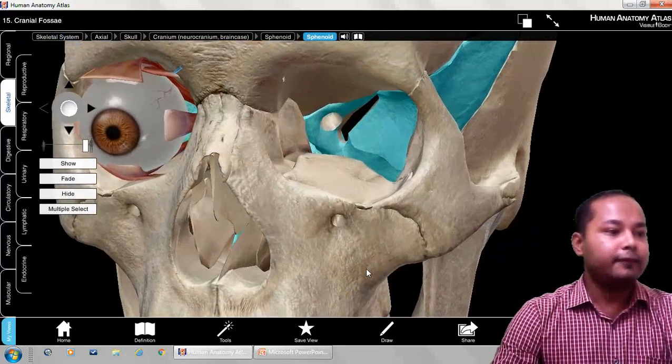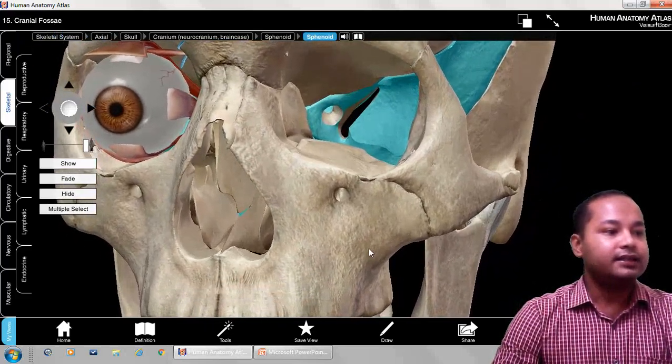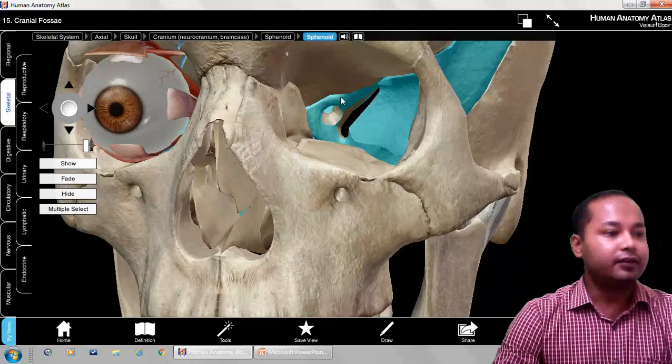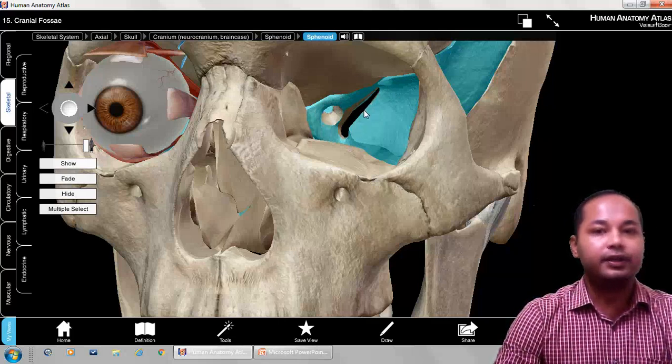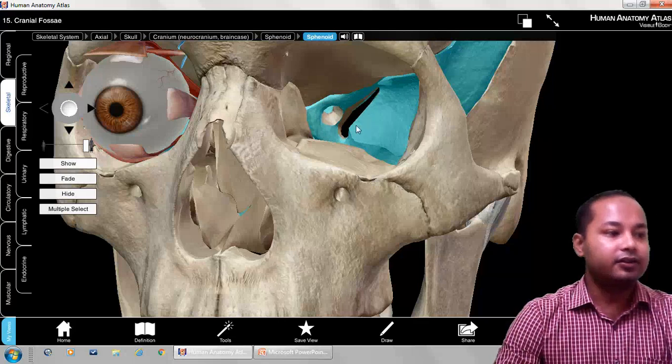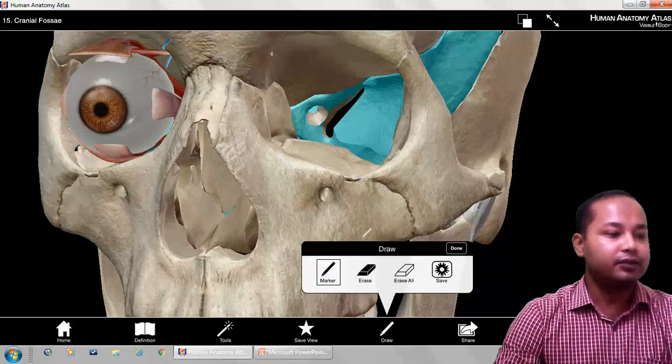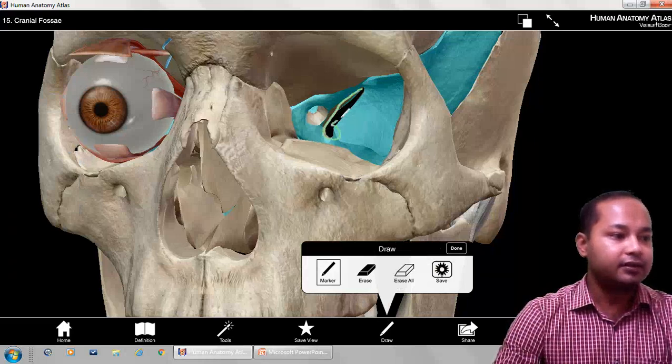When I move the animation, I see that this is the lesser wing. Please make a mark. This is the lesser wing, and the gap between the lesser wing and the greater wing is called the superior orbital fissure. It is retort shaped. Let me tell you, this structure is called a retort shaped flask.